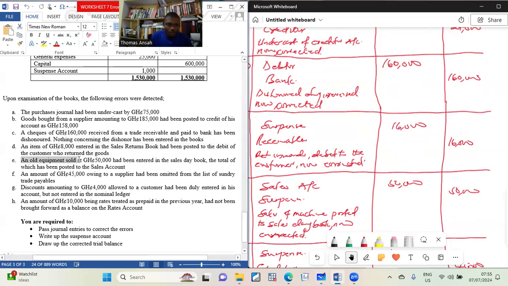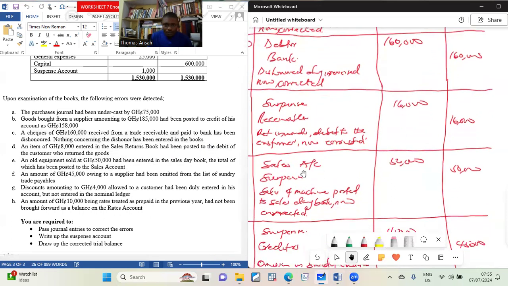An old equipment sold, 50,000, has been entered in the sales day book, which was supposed to be in the journal. The total has been carried and posted to the sales account.